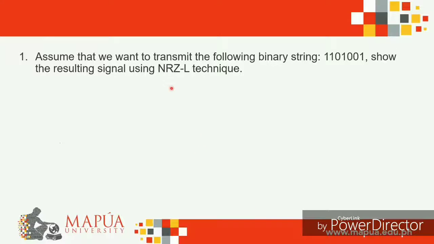It was taught to us in the previous lesson that NRZ-L stands for non-return to zero level signal. We set the value of binary bit 1 to high and the value of binary bit 0 to low. In NRZ-L, the state changes only when the bit values change from 0 to 1 or 1 to 0.